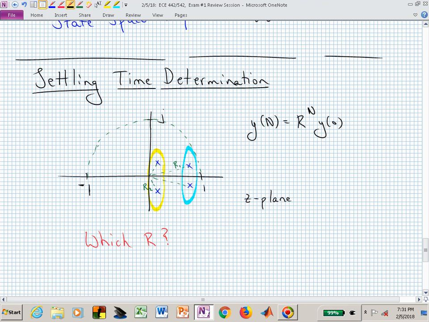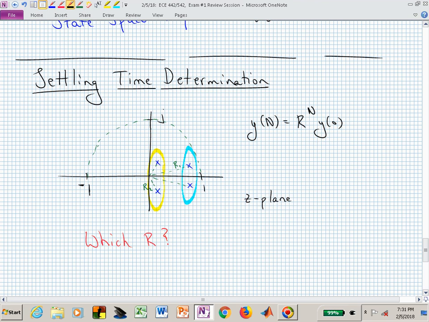Let's see, 0.9, look at that one. 0.1, look at that one. Which one collapsed quicker in terms of capital N, or number of N? So now, which of these, yellow or blue, is the fastest? Yellow being fastest, show of hands.